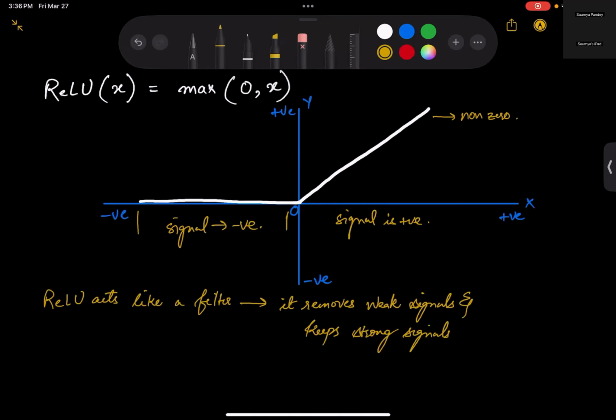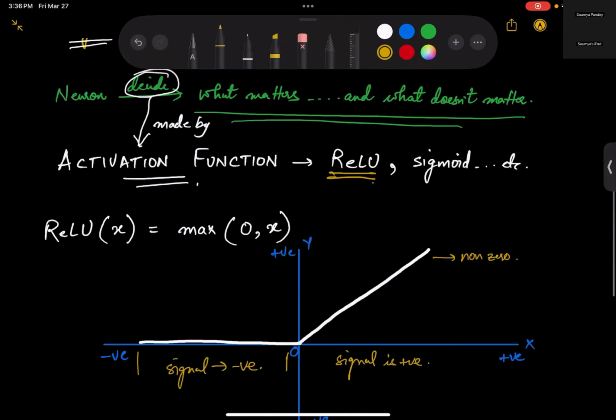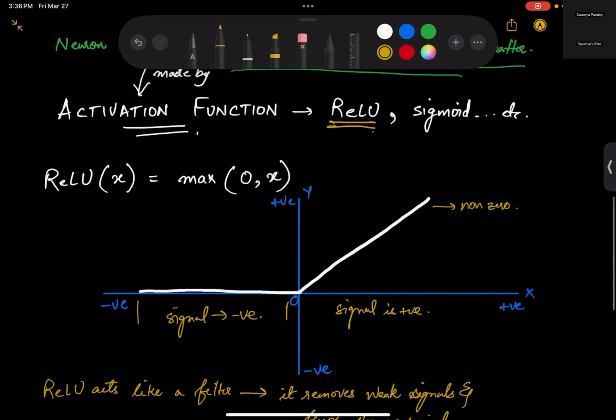So everything here gets ignored and everything here is passed, right? Since I said the left-hand side was ignored, it's 0 over here all along, and here it's non-zero all along.